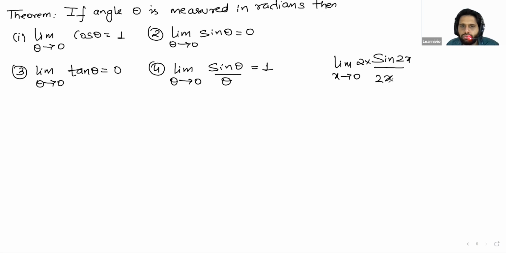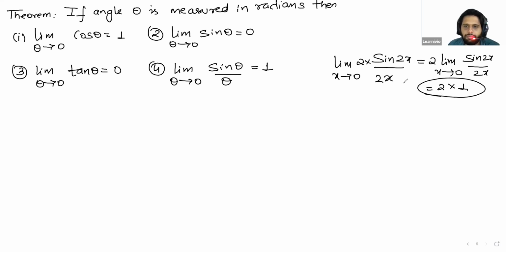This is not an angle, so we can multiply and divide this with 2. We can't multiply and divide this, because this is part of an angle. We'll do it like this. Now 2 is a constant, so we write it outside and write limit x tends to 0 sine 2x by 2x, and this will give you 2 into 1.